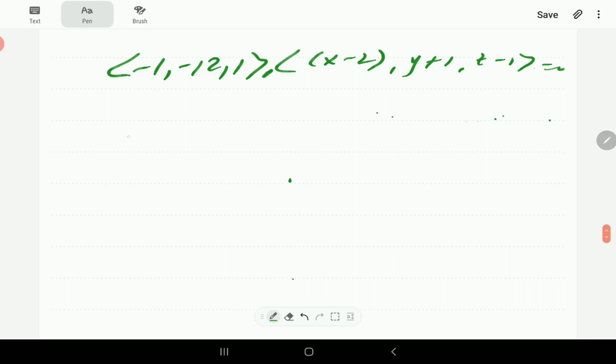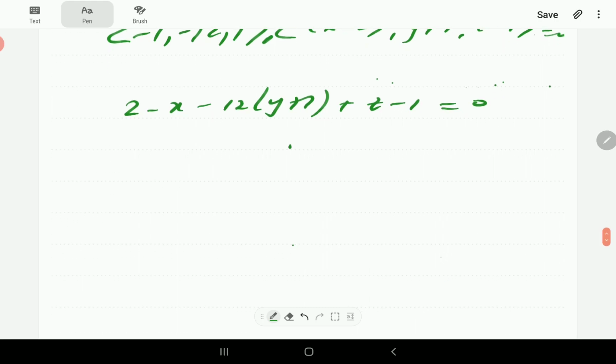So what this is going to give us is 2 minus x, minus 12 times y plus 1, and then plus z minus 1 equals 0. Then all we're going to do is bring all the constants to the right hand side.